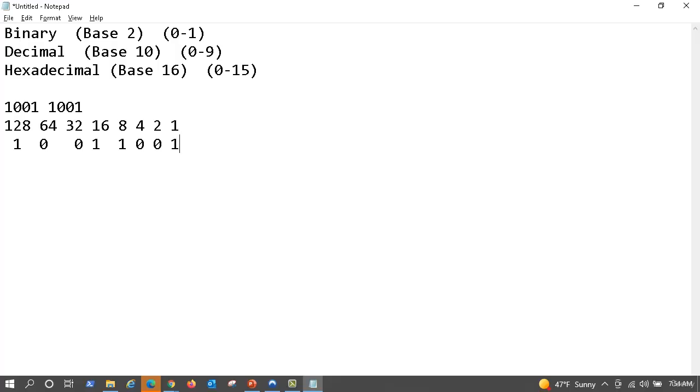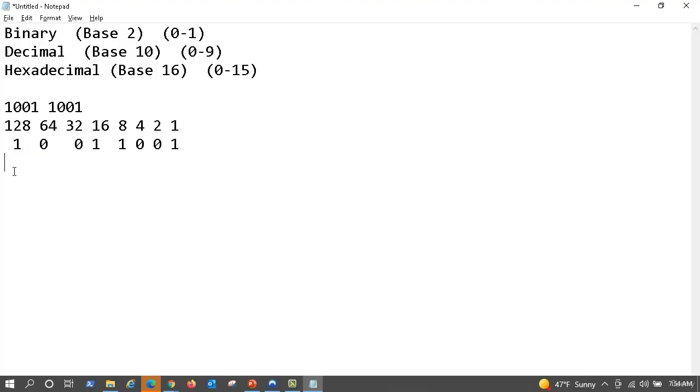I know the spacing's a little weird, but I'm just trying to get it to somewhat match. You're just placing the binary value underneath the decimal, and if it's a 1, that value is on. Now the value itself is not 1. 1 is just yes, 0 is no.